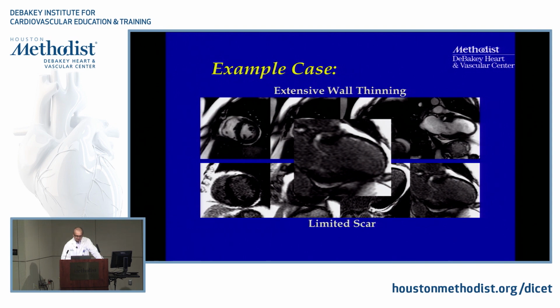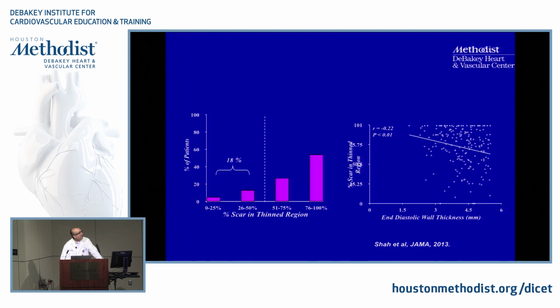What's interesting is how often this actually occurs. We looked at this in a cohort of over 200 patients. We found that this phenomenon, where there's thinning but limited scar, less than 50% of the wall thickness, occurred in about 18% of the patients within this cohort.